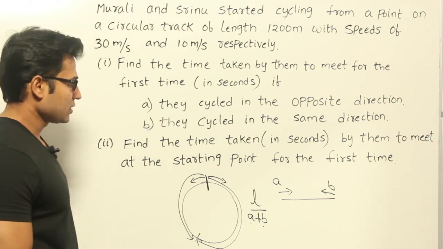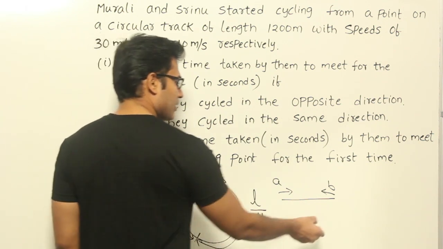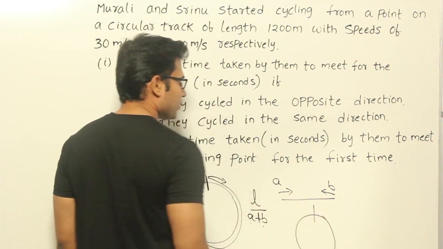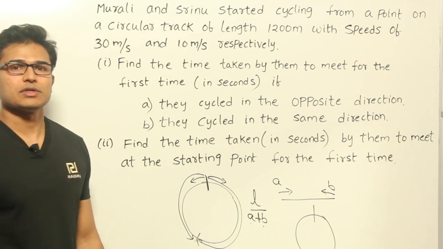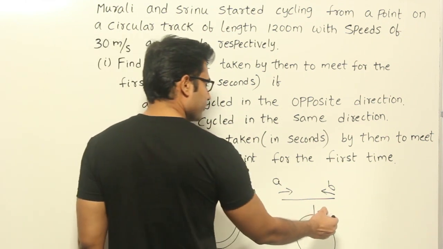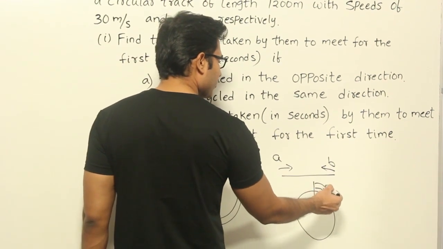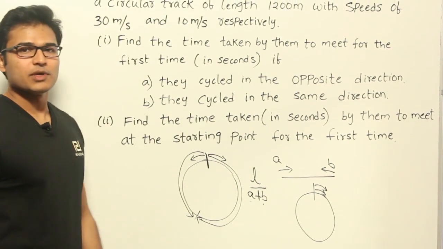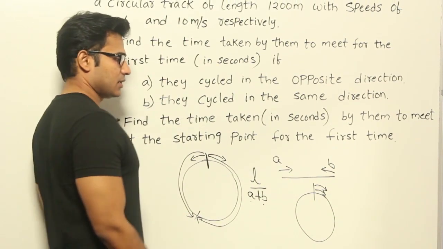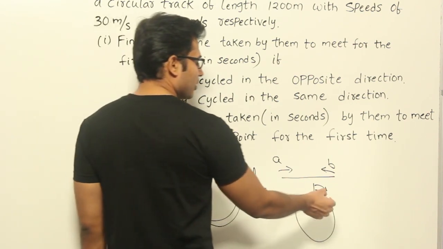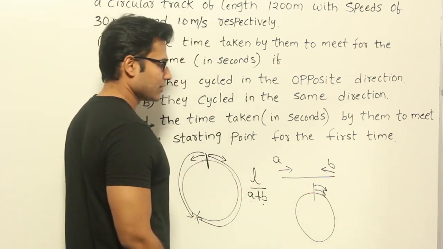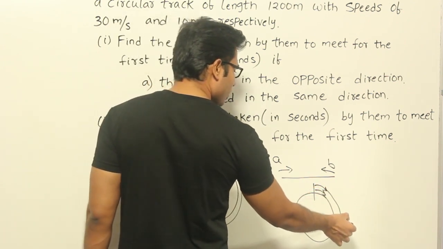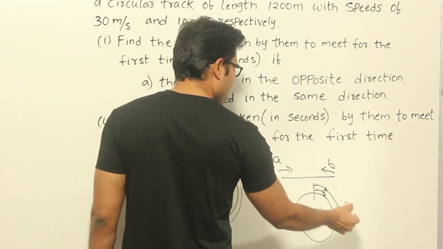Now what is the other question that they might ask on this model? In the circular track, if both of them are running in the same direction, which means this way, then when are they going to meet for the first time? This question can be answered this way. If both of them run in the same direction with different speeds, one of them will be going faster compared to the other.